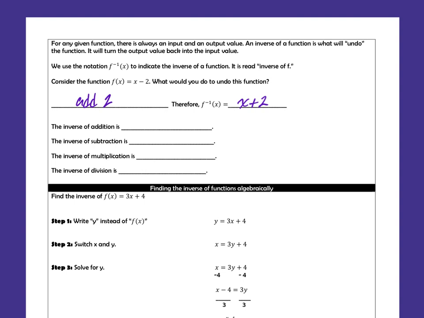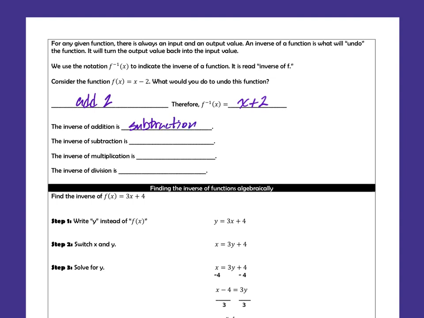So the next 4 questions are pretty easy. Why don't you guys fill in these blanks for me in the chat box, please. The inverse of addition is, the inverse of subtraction is, the inverse of multiplication is, and the inverse of division is. You guys are doing great. Everyone who's put in an answer so far has got them right. The inverse of addition is subtraction.